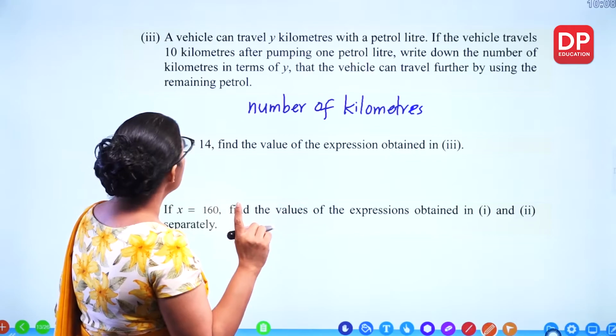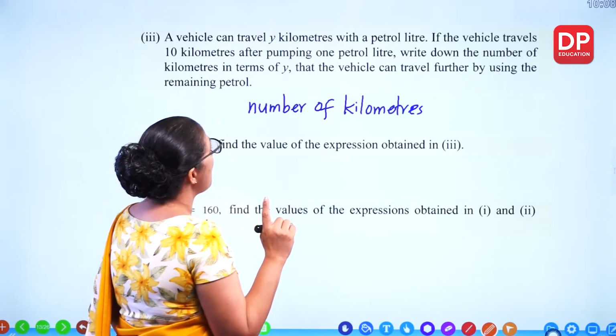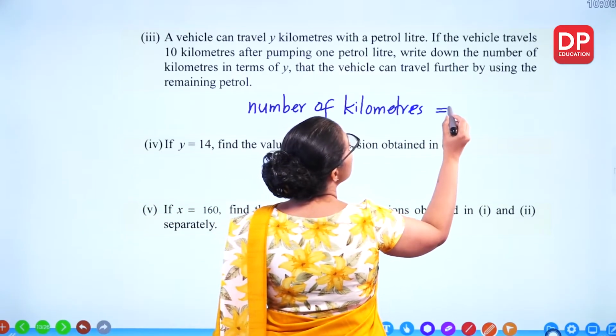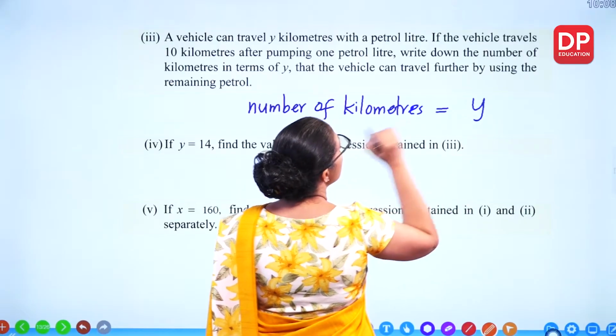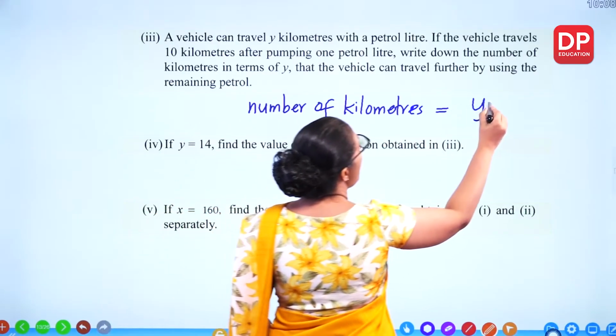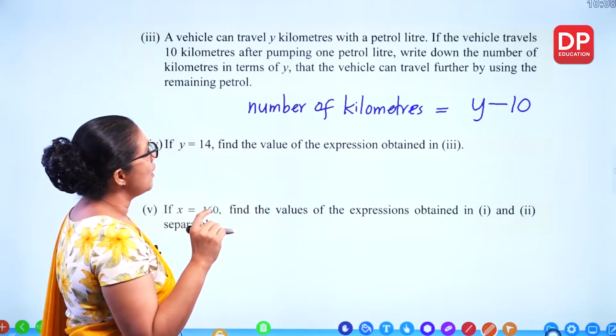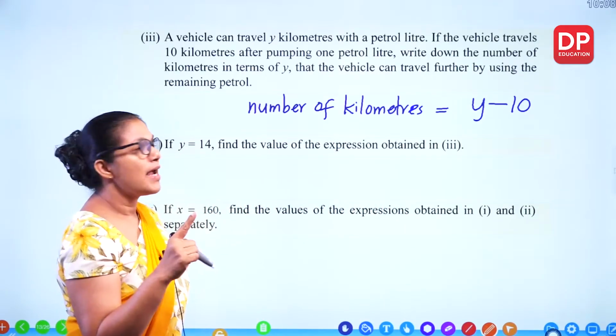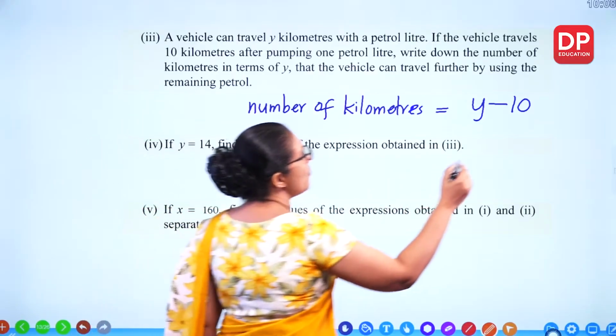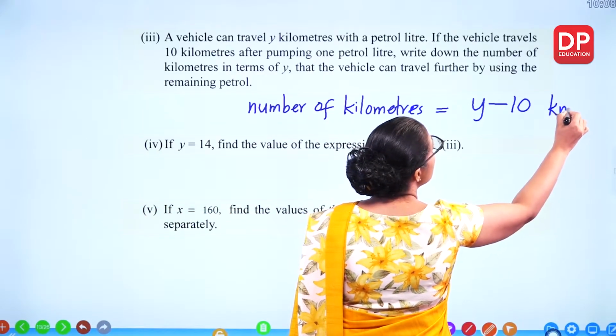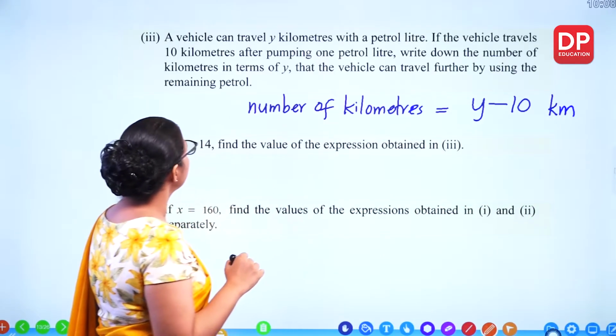The vehicle can altogether travel Y kilometers and already traveled 10 kilometers. So Y minus 10 kilometers is the remaining distance.